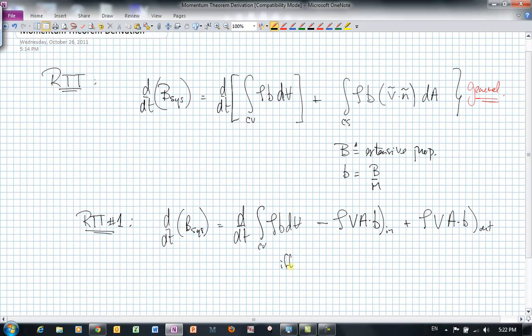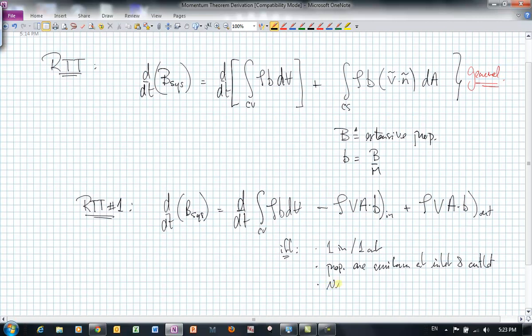This holds if I have one inlet and one outlet, if the properties are uniform at the inlet and outlet, and third, if the velocity is normal, perpendicular to the inlet and outlet.